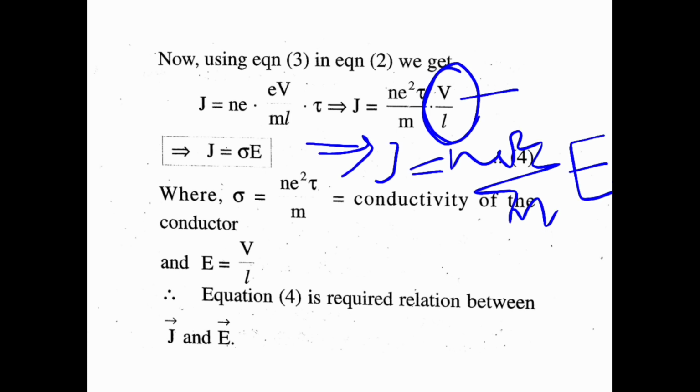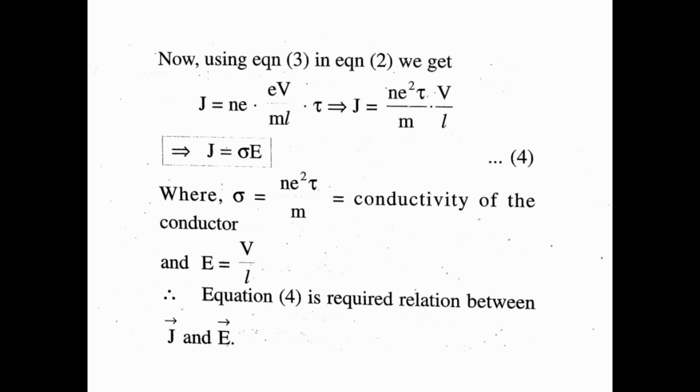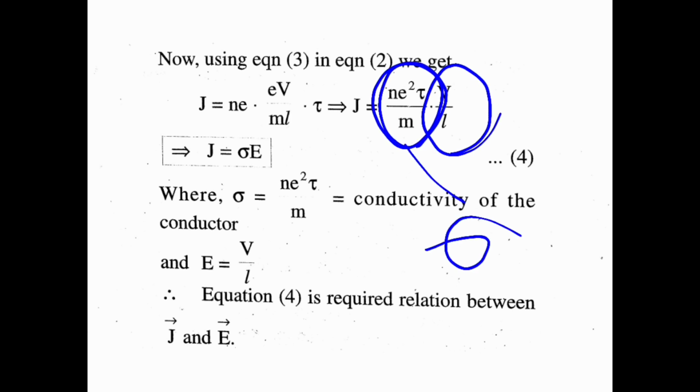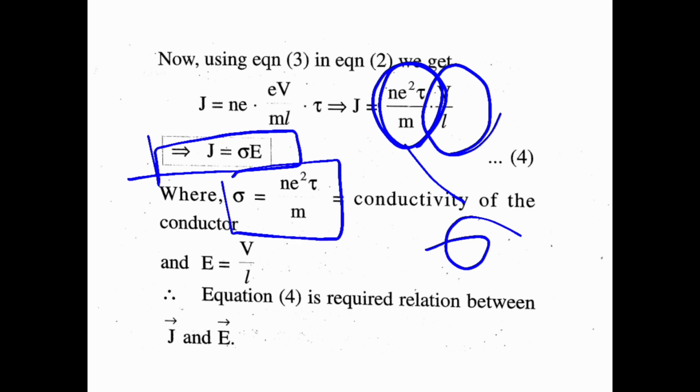We know electric field intensity E is equal to potential difference V by length L. So we can put the value of electric field intensity in place of V by L. So J is equal to ne square tau by m into E, and considering this as sigma, we can write current density J is equal to sigma into electric field intensity, where sigma refers to ne square tau by m, the conductivity of the conductor.